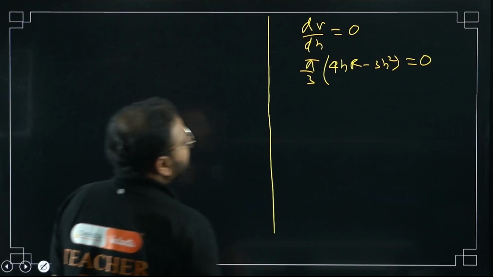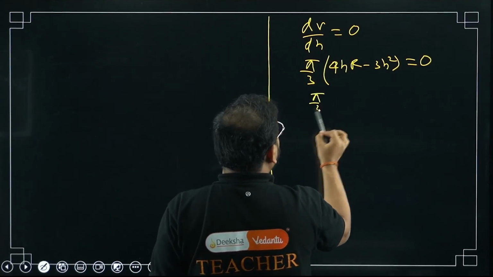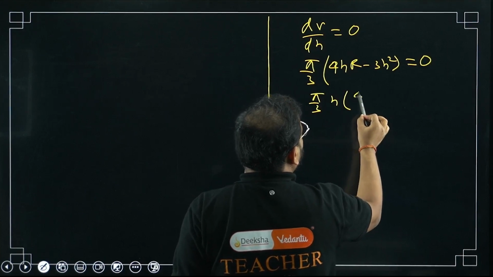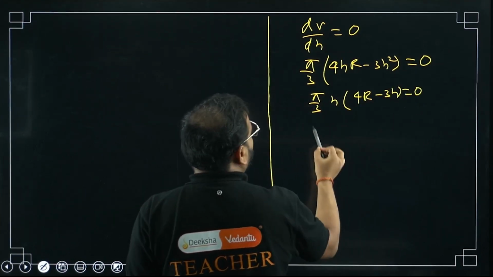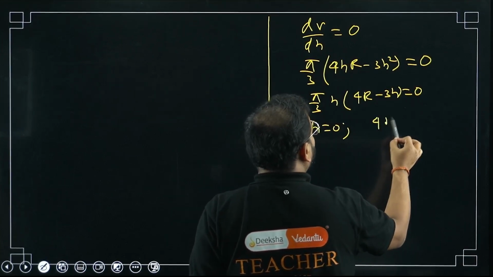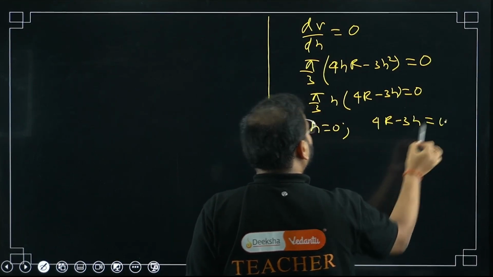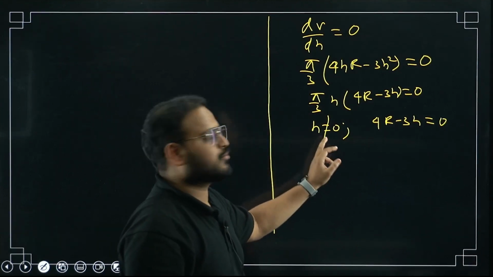I can take h common. So I bring this pi by 3, h is common, and I'm getting 4R minus 3h equals 0. So h equals 0, or 4R minus 3h equals 0. H equals 0 is not possible, since the height of the cone cannot be 0.